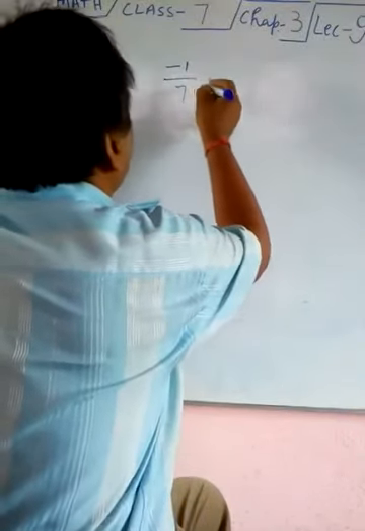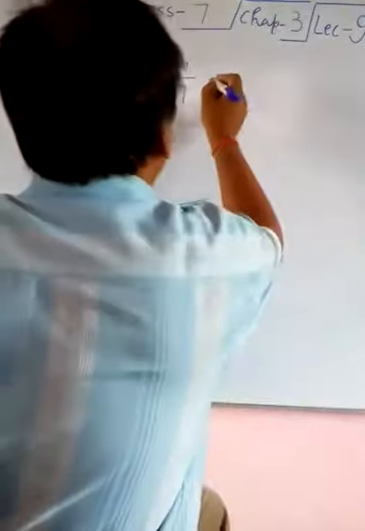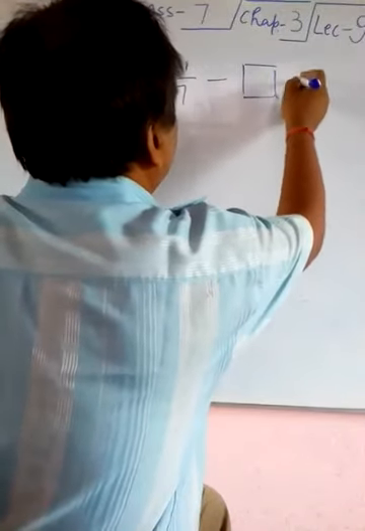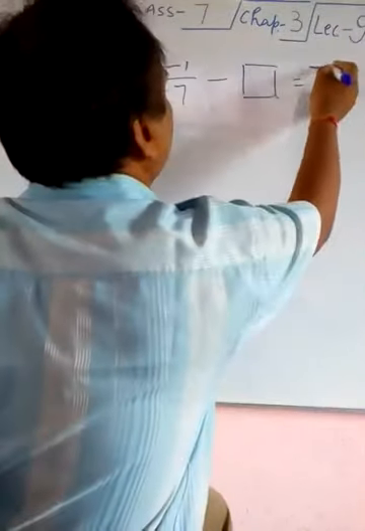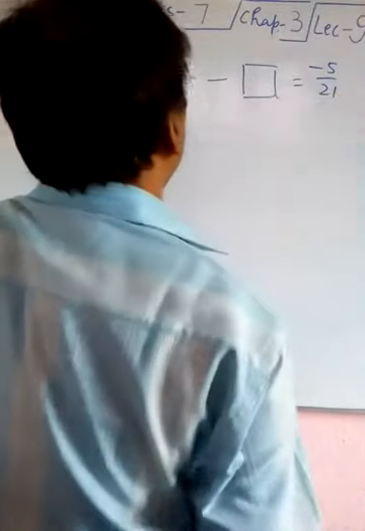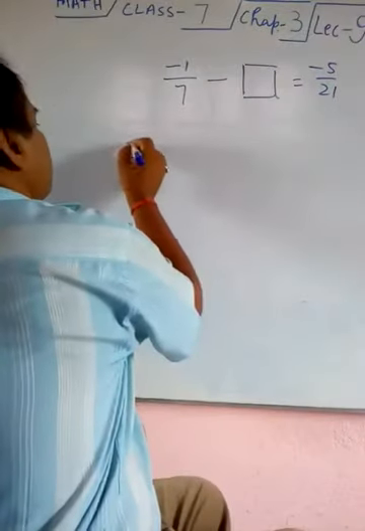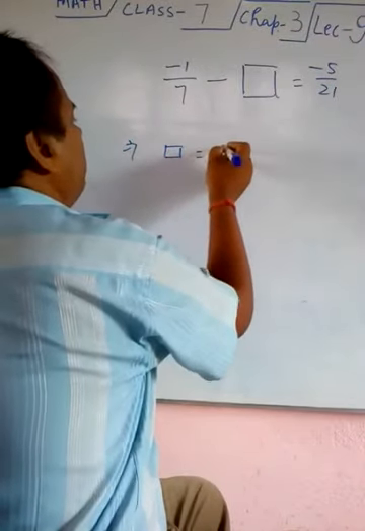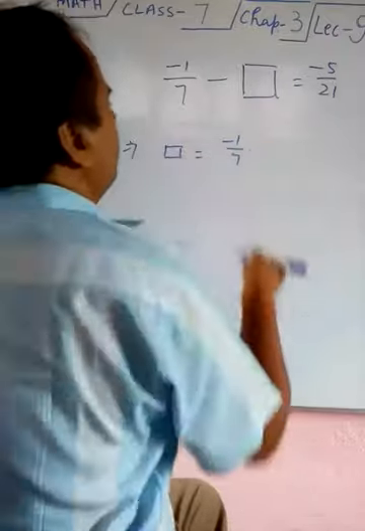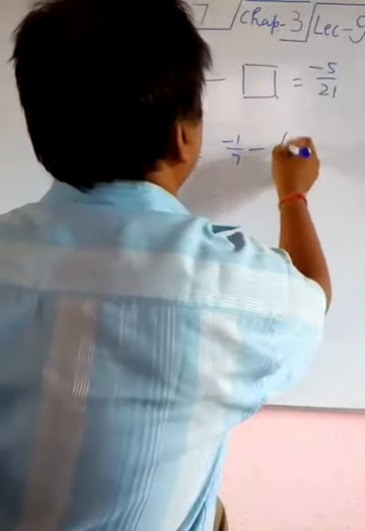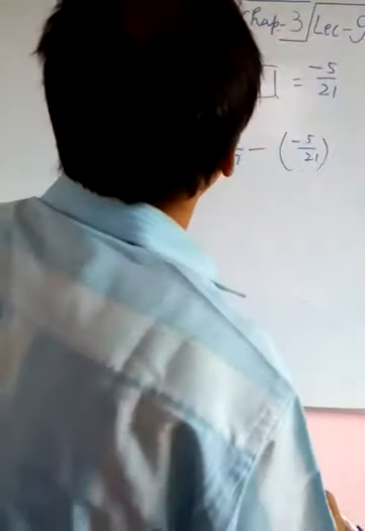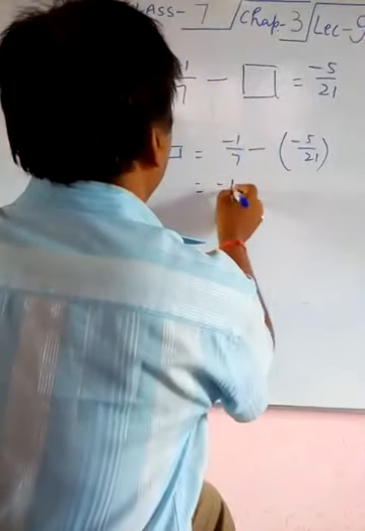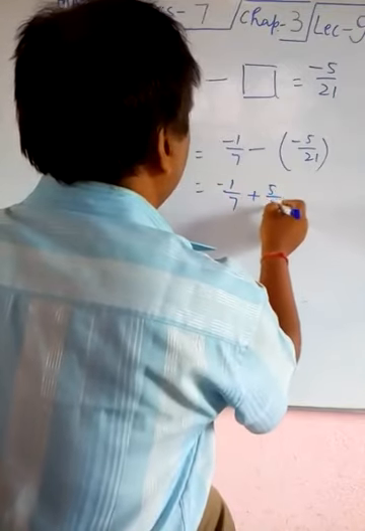So minus 1 by 7, and you have to subtract that blank box, so as to obtain minus 5 by 21. That means the blank box is equal to minus 1 by 7 minus of minus 5 by 21, is equal to minus 1 by 7 plus 5 by 21.